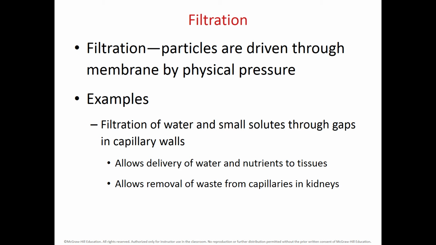These capillaries have pores, and water or solutes like electrolytes or amino acids can move across them. Through this filtration process, you can deliver water and nutrients to the cells and also remove waste from the capillaries in the kidneys.